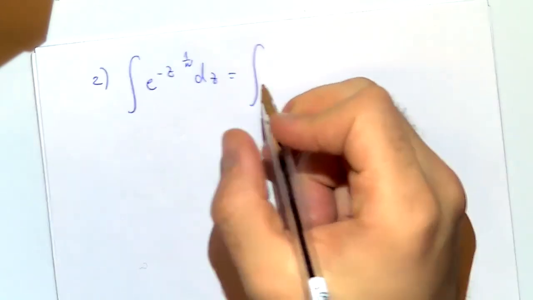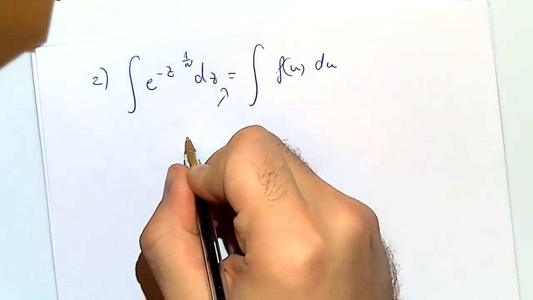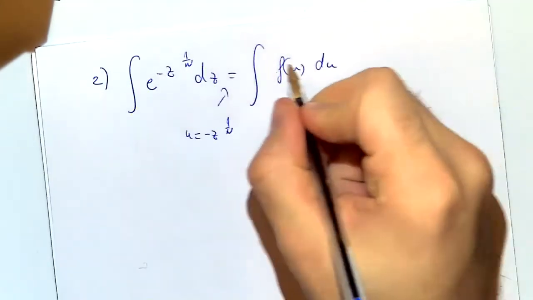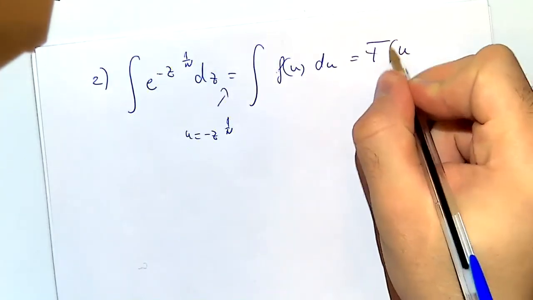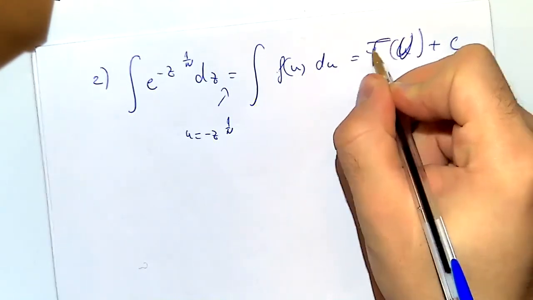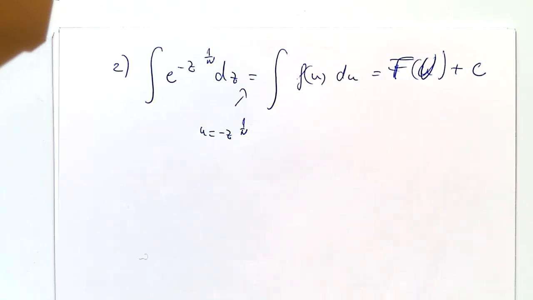It's going to be a huge mistake. Okay, integral of f of u du, this is the change of variables. And then you solve this to being a big F of u plus a constant, okay?